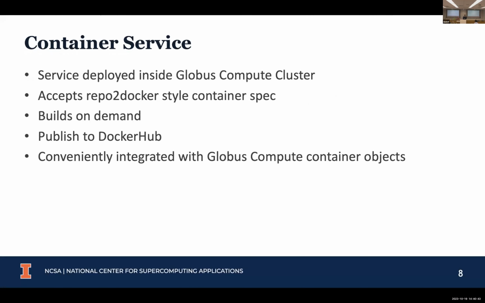So last year we talked about the container service. This is a FastAPI service that runs inside the AWS environment where Globus Compute runs. It was interfaced in with the Globus Compute SDK, and so you can provide a repo to Docker style container spec.